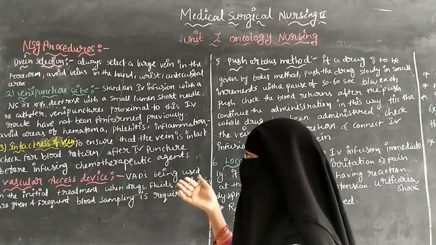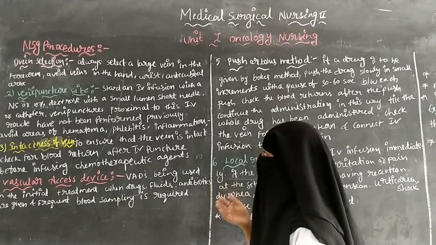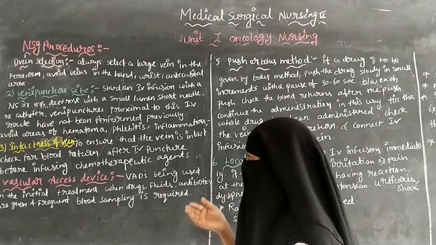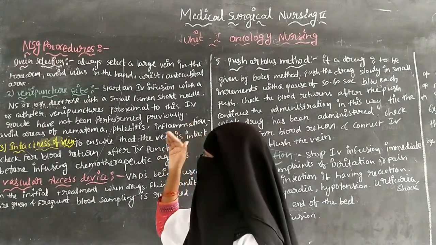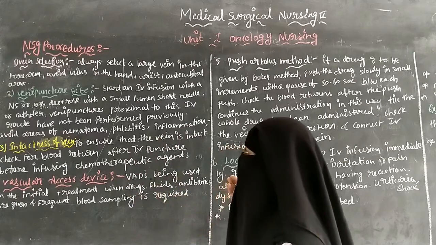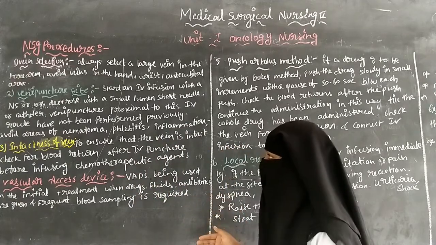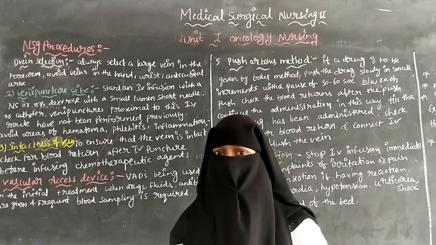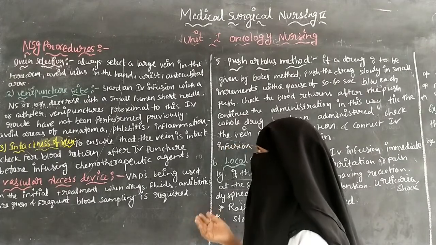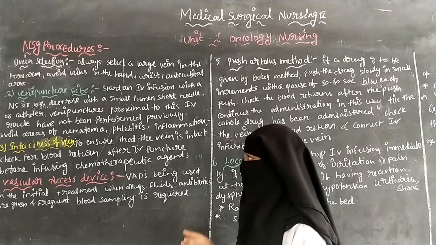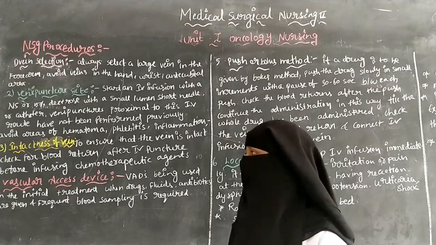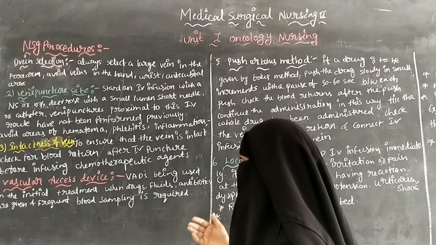So we administer the IV infusion after the venipuncture; normal saline or 5% dextrose can be administered to the patient.